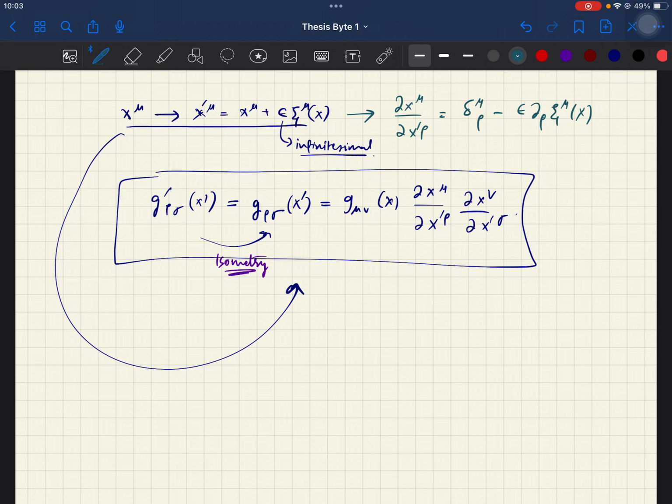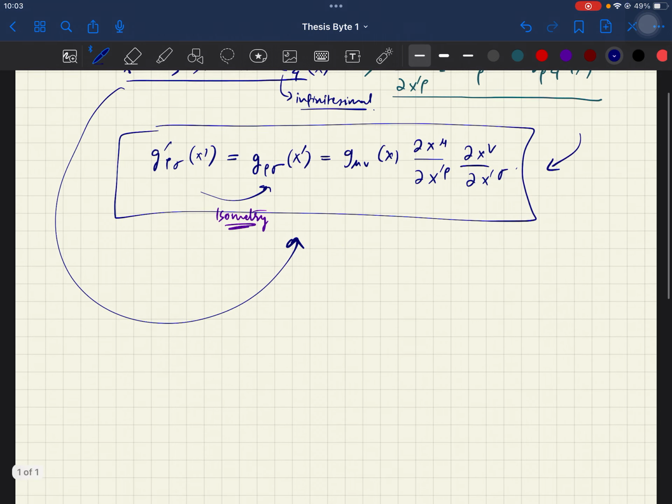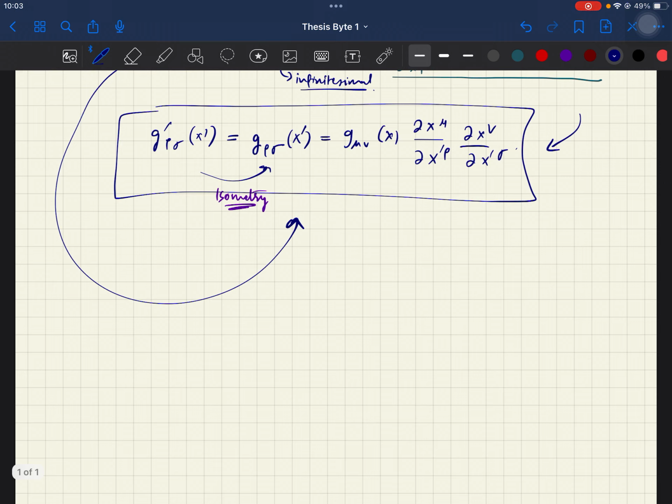It's interesting. You could solve it to first order in epsilon and get this simple thing. So you substitute this here, and then you get an equation which we call the killing equation.